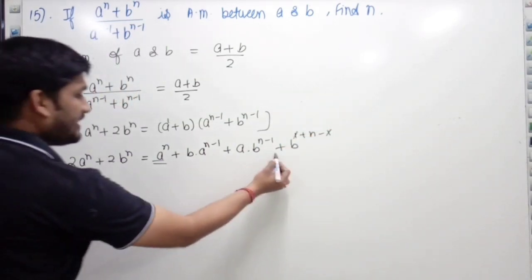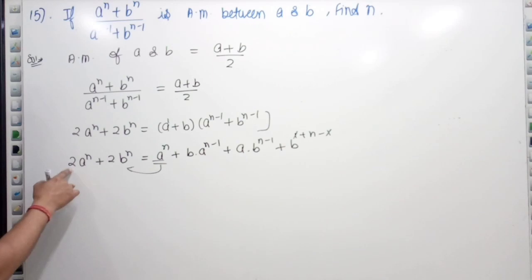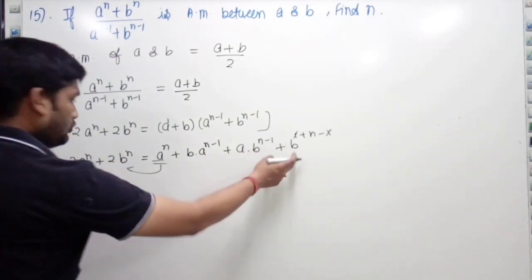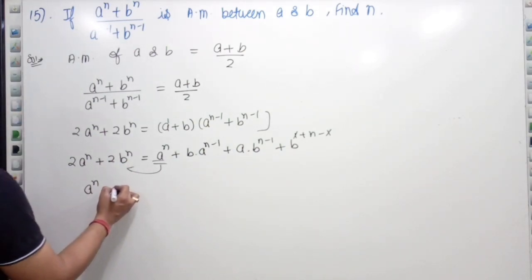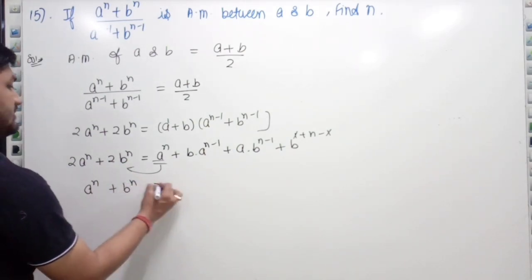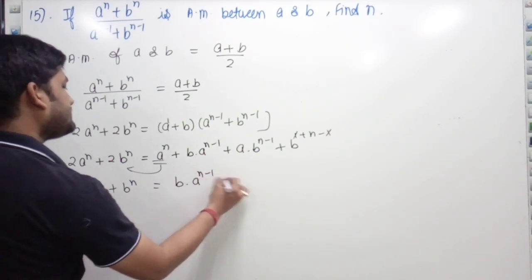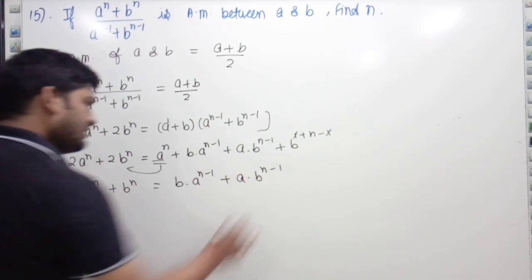Now this a to the power n will take to the left hand side. 2a की power n minus a की power n, right? 2b की power n minus b की power n. This is equal to b into a to the power n minus 1 plus a into b to the power n minus 1.